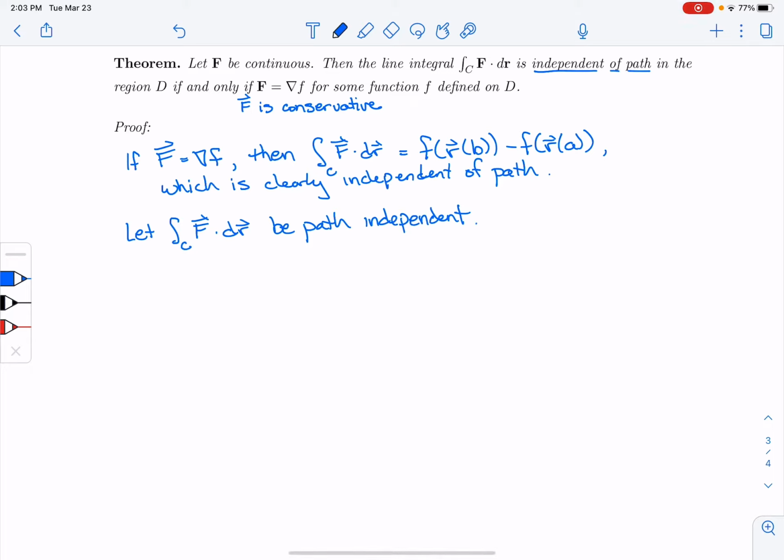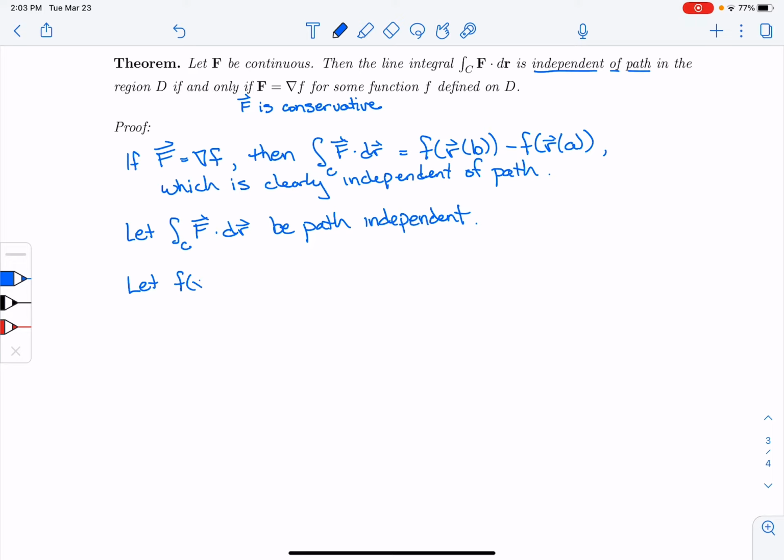Okay, so to show this, I'm going to define a function, and that function is going to be my potential function.